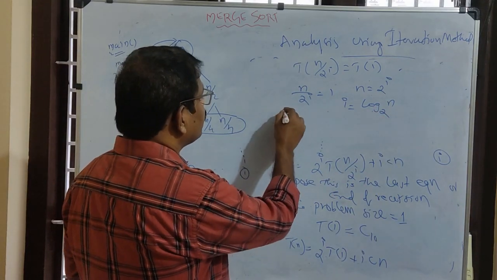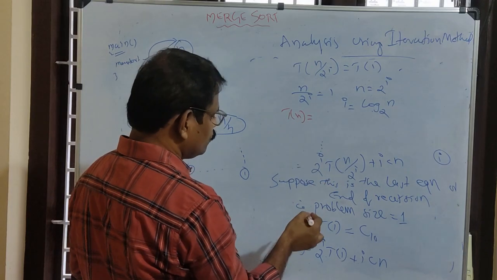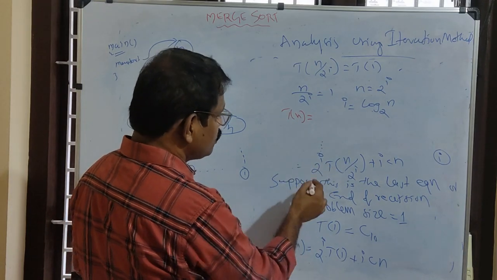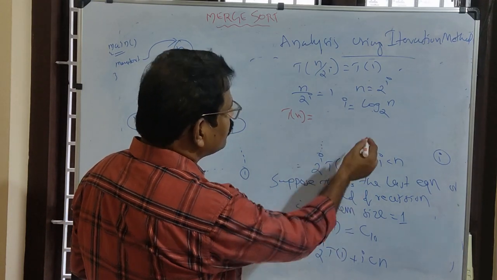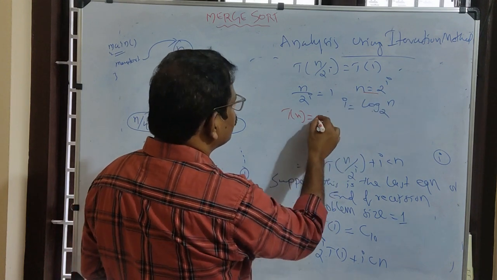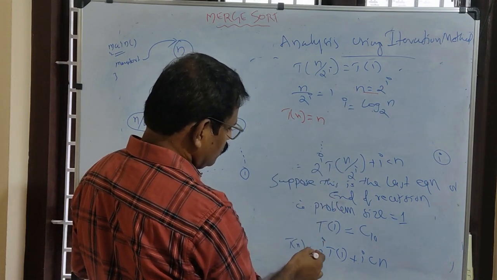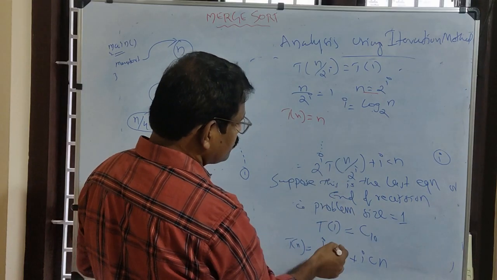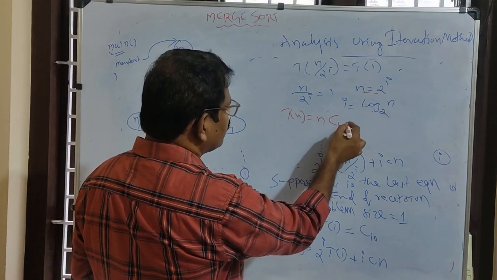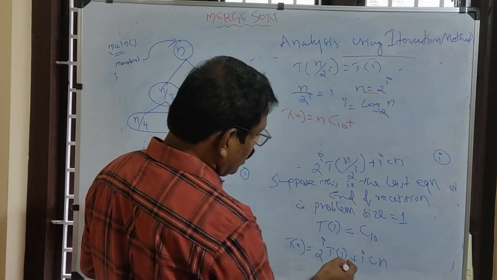Then our T(n) is equal to 2 raised to i, it is n, so n into T(1), we have assumed it is C1, plus iCn.